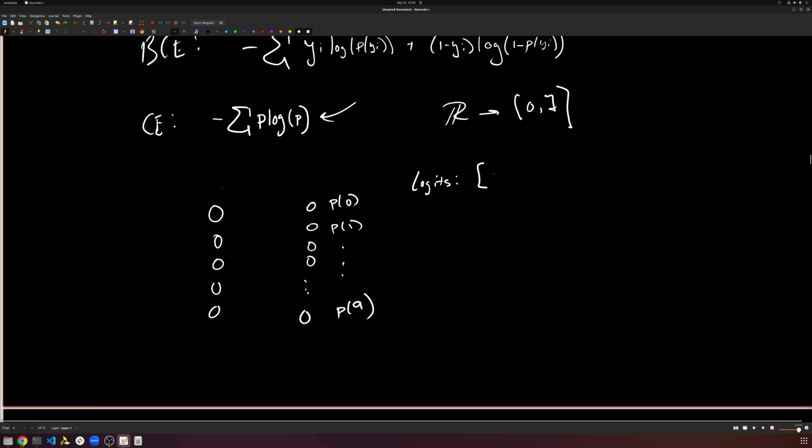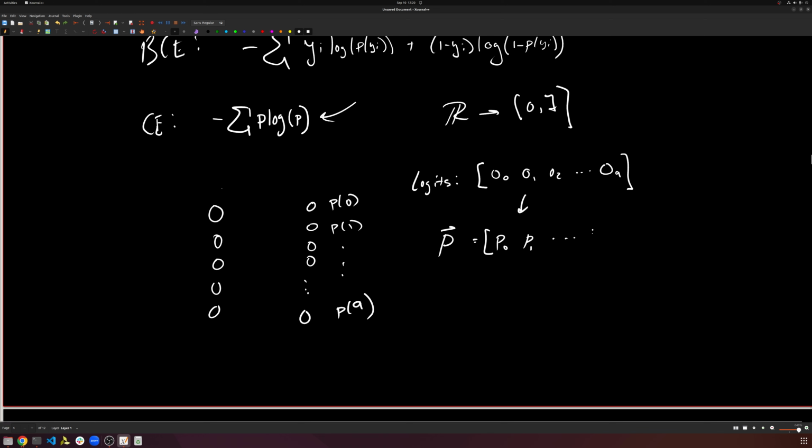They're going to be some numbers, let's say 0 through 9. These are going to be my 10 outputs. I need to convert this to a probability vector, probability 0, probability 1, probability 9, such that, first of all, the sum of our probability vector is equal to 1.